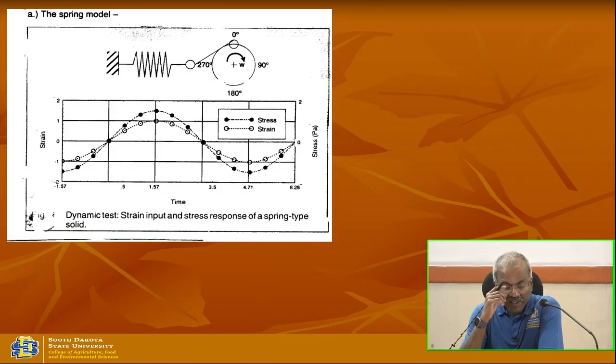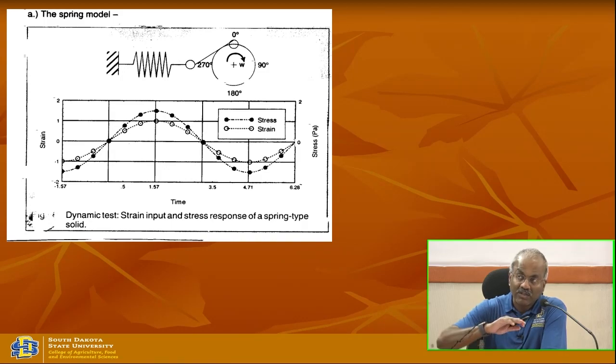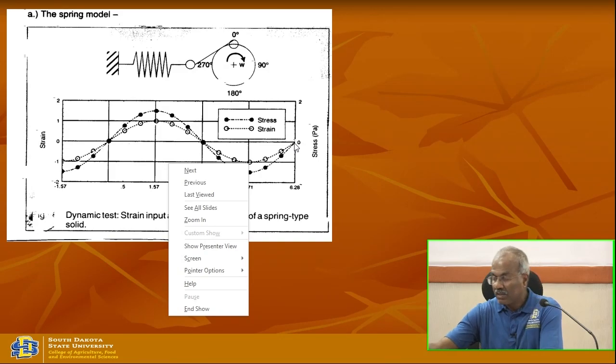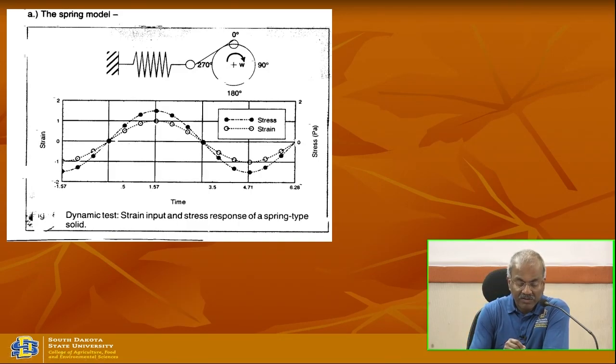Here what you see is a spring model. You have a spring and the spring is getting rotated, you are applying the oscillating shear and you are measuring the strain. In this case you are doing the strain input and measuring the stress output. Strain input is the open circle. It goes from -1 to +1, back to -1, and then to 0, and that is the strain input.